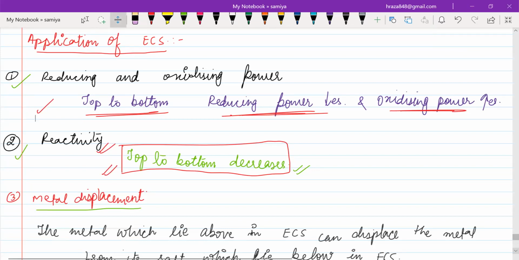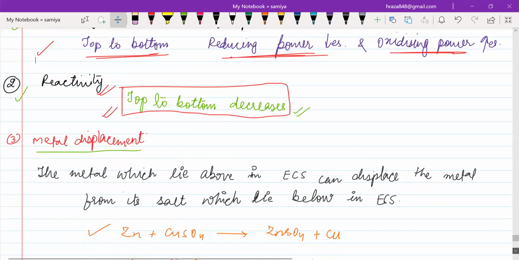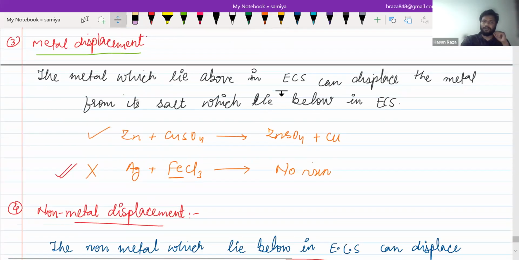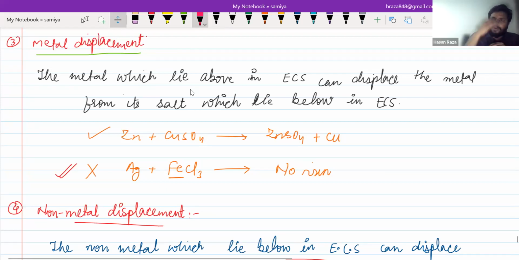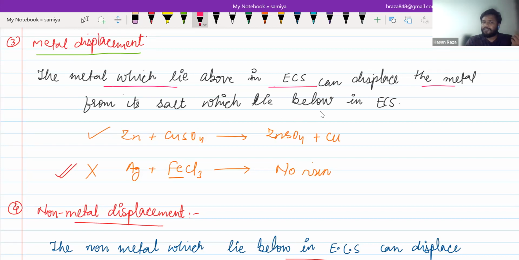Done, sir. Now the third application is the metal displacement reaction. Always remember that a metal which is above in the electrochemical series can easily displace a metal from its salt which lies below that metal. Like Zn plus CuSO4 gives ZnSO4 plus Cu.